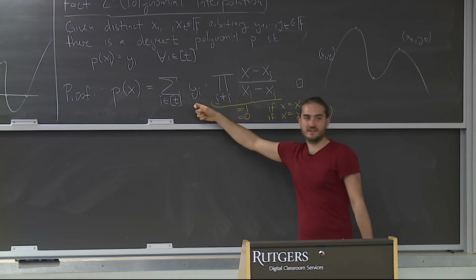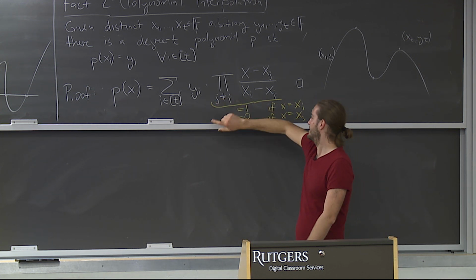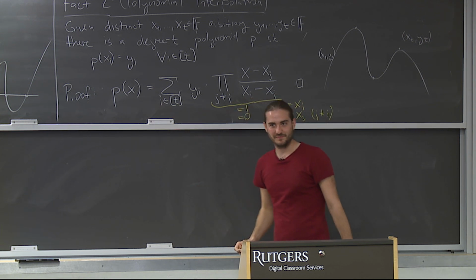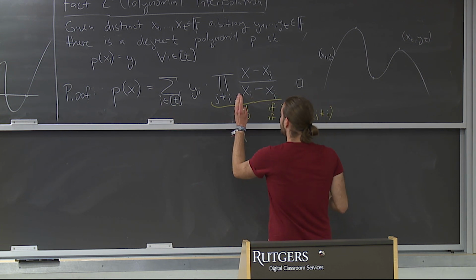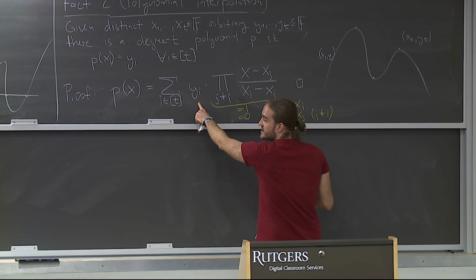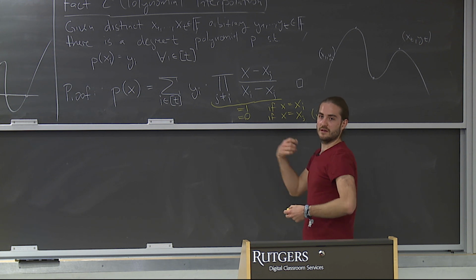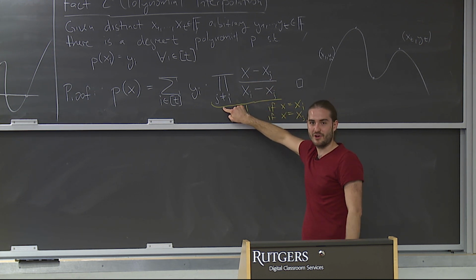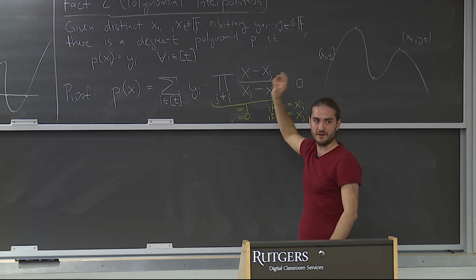Okay, all terms in the sum are going to vanish because, let me start over. Maybe this was a little bit confusing. You plug in xi. The claim is all these terms in the sum are going to vanish except for the ith one. In any other term j, you would find that the j factor in the product becomes 0, which makes it vanish.